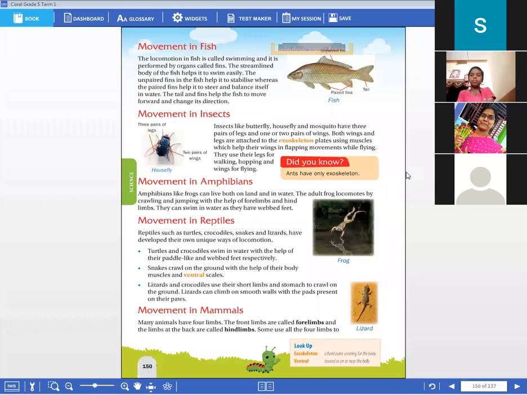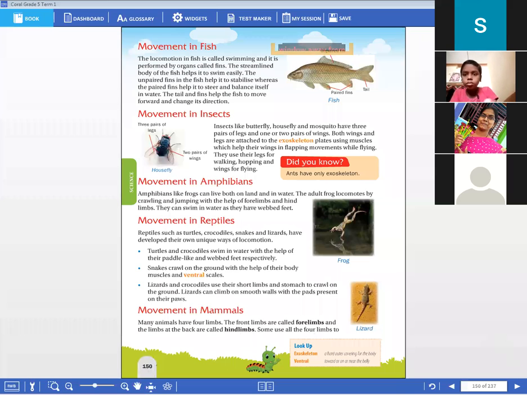The front 2 limbs are called forelimbs, and the back limbs are called hind limbs. Okay, we'll find 4-legged and 4-limb animals right at your houses. It might be a cat, dog, camel, horse, whatever it might be. The 2 front limbs are called forelimbs, and the 2 back limbs are called hind limbs.